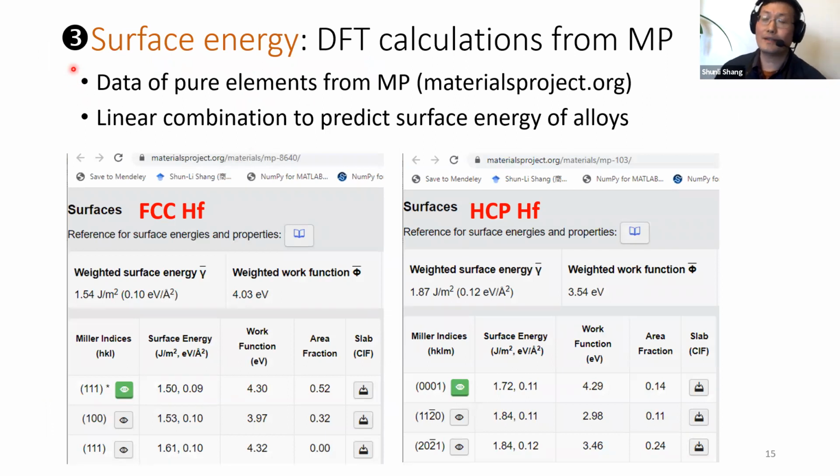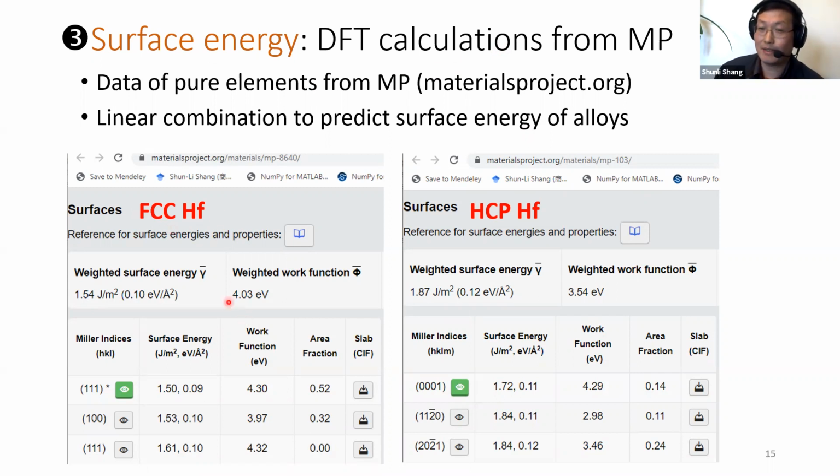The third property is surface energy. Surface energy is difficult to predict, but fortunately, the Materials Project has DFT predictions for surface energy for almost all the pure elements, stable and metastable.